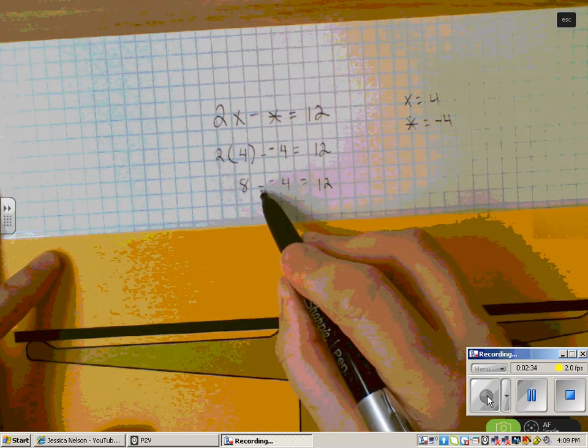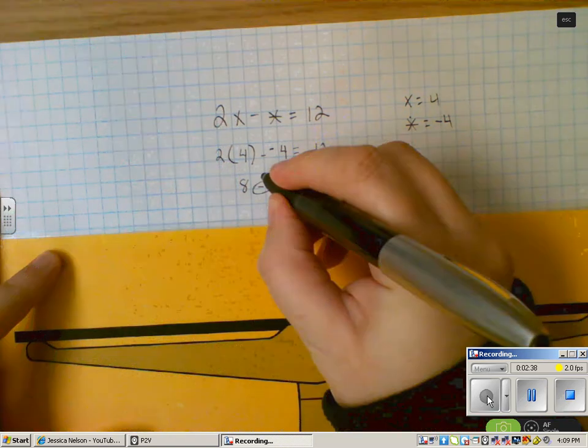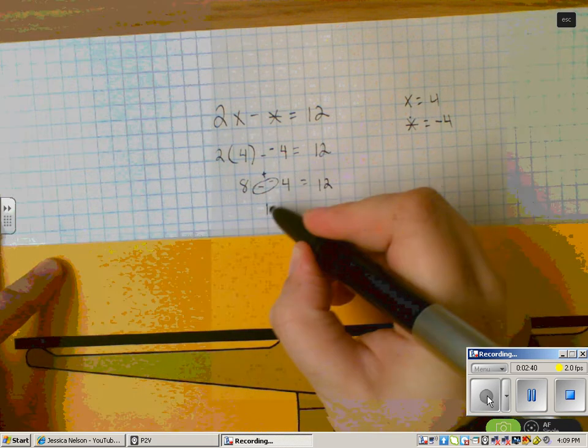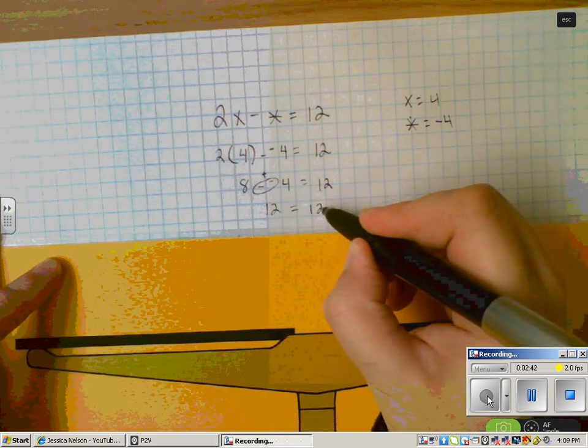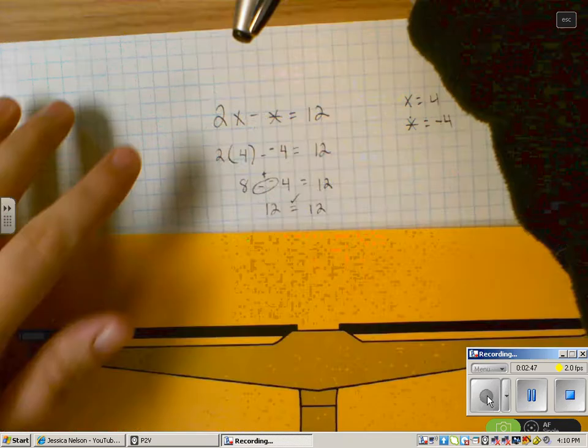And then minus a negative actually is addition, and yes, 12 equals 12. So that checks. Alright, try another problem.